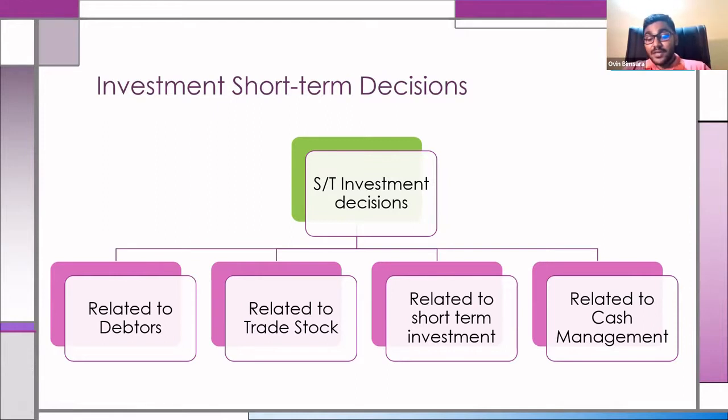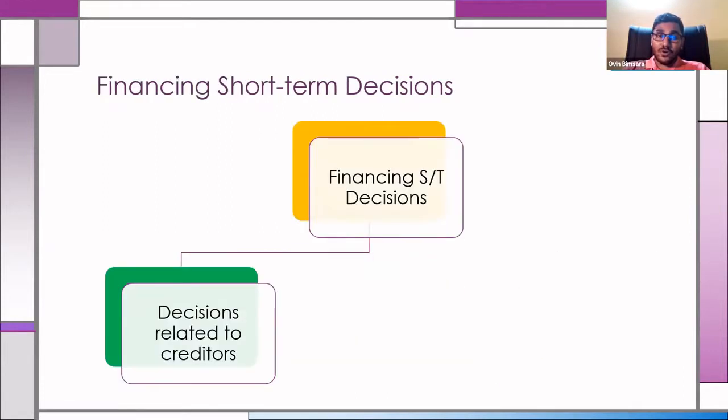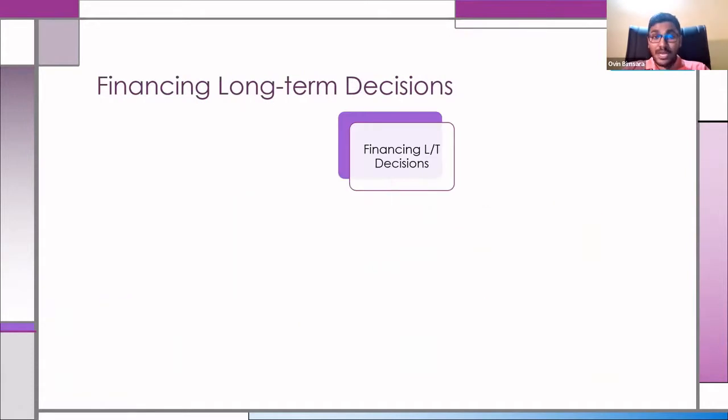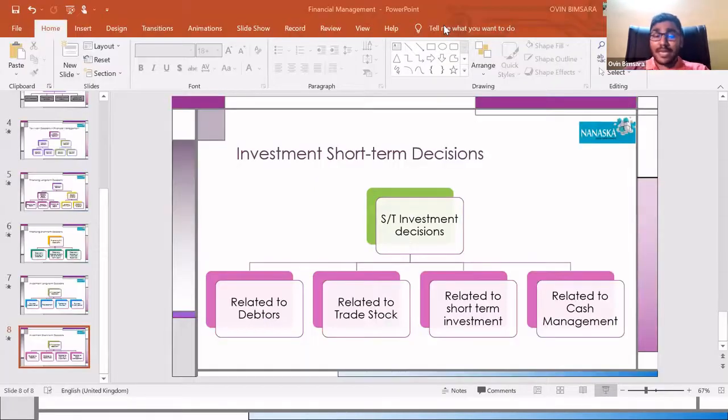So these are the main decisions in terms of financial management. In a nutshell, we have two decisions, financing and investment. Both under financing and investments, we need to think about the short-term aspect as well as the long-term aspect.